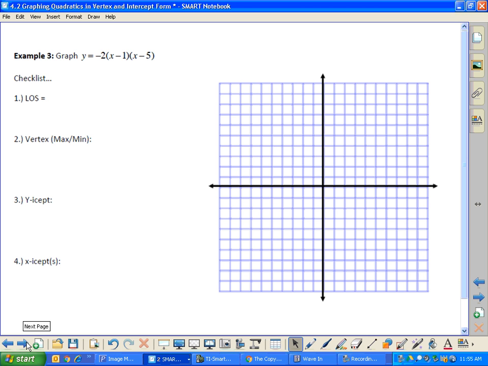So what I notice is that in example 3, we have a is -2, a p value of 1, and a q value of 5. So if I want to find my axis of symmetry, I just do p plus q over 2. Well, that's supposed to be a q. So I'm going to do 1 plus 5 over 2.